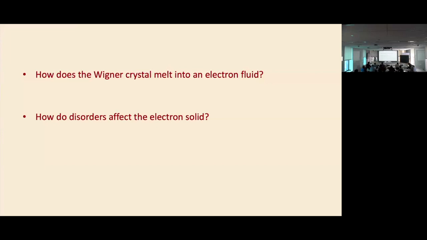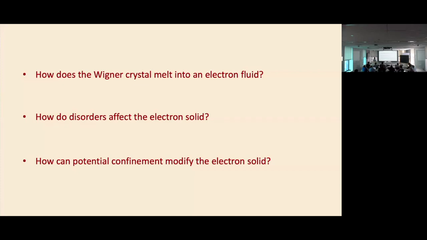So how does disorder affect this kind of liquid-solid transition and the general behavior of the Wigner crystal electron solid? Furthermore, in addition to random disorder, with two-dimensional materials we can controllably create potential fluctuations. So with this kind of well-defined potential confinement, how would this electron solid behavior change?